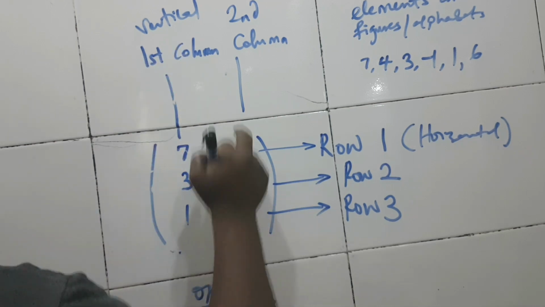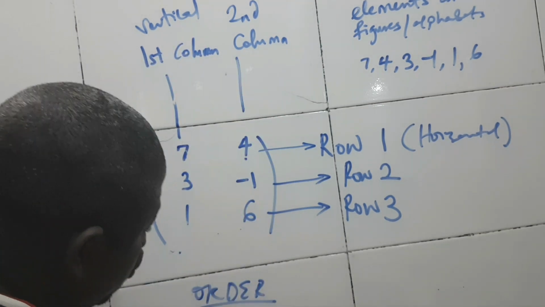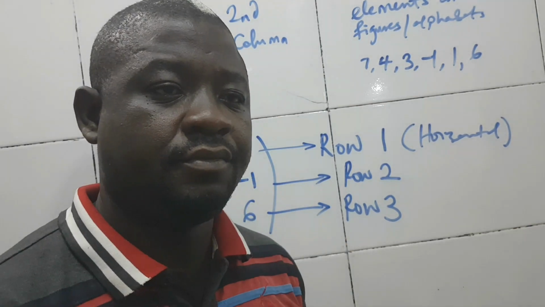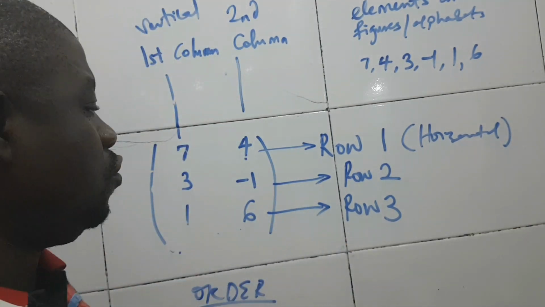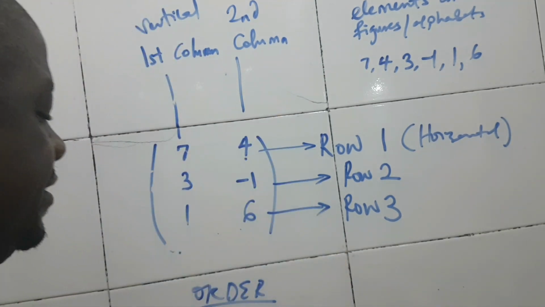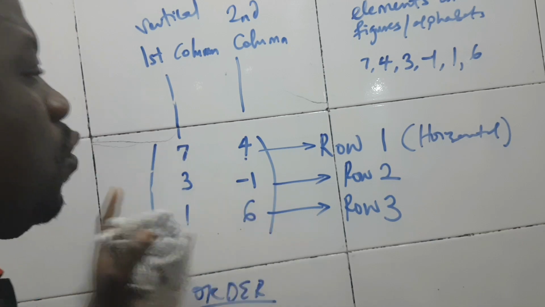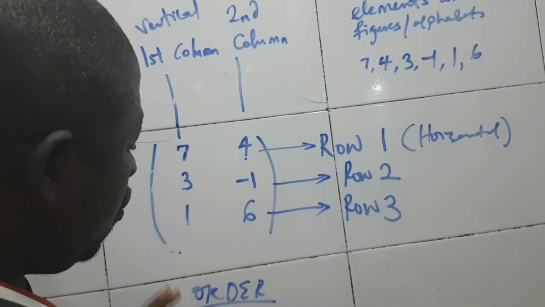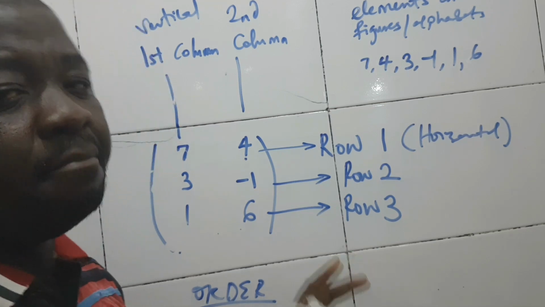Column 1, column 2. So this is a 3 by 2 matrix. 3 by 2 matrix, meaning it has 3 rows and 2 columns. Very simple. That is how to determine the order of a matrix.